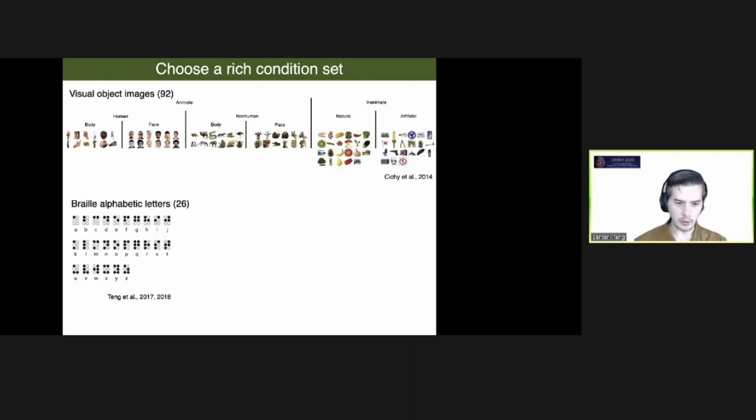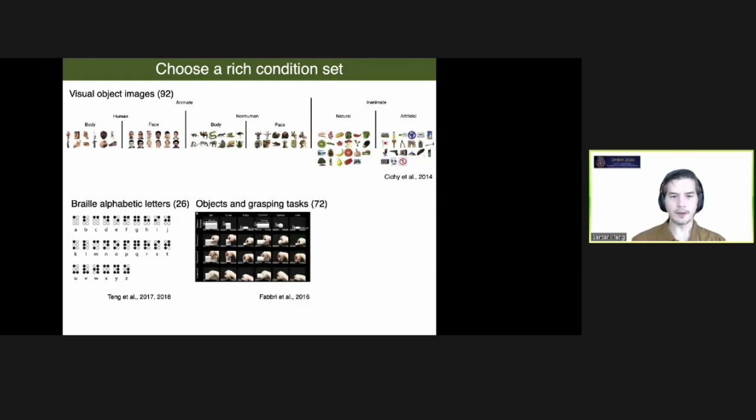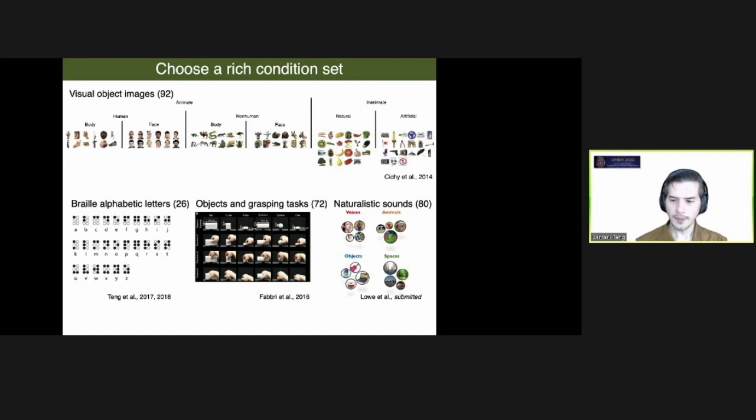In some ongoing work, we've been presenting Braille tactile alphabetic letters to blind readers and the visual print equivalent to sighted controls. Jody Culham's group has presented 6 physical objects to subjects in the scanner, but each of them was subject to 3 size manipulations and 4 potential interaction options, and that made for 72 total conditions.